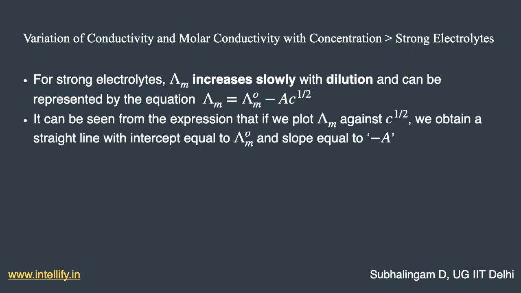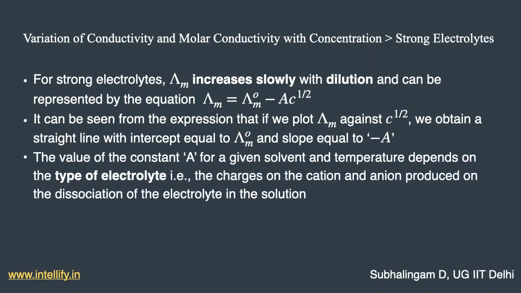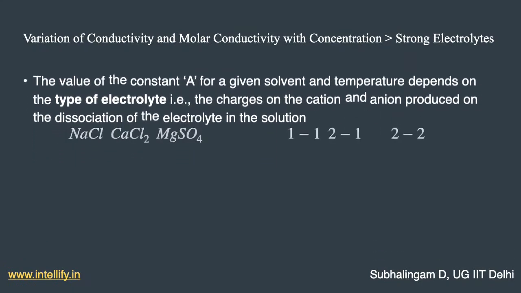So it can be seen from the expression that if we plot lambda m against root C, that is C raised to the half, we obtain a straight line with intercept equal to lambda naught m and slope equal to minus A. The value of constant A for a given solvent and temperature depends on the type of electrolyte, that is, the charges on the cation and anion produced on the dissociation of the electrolyte in the solution.